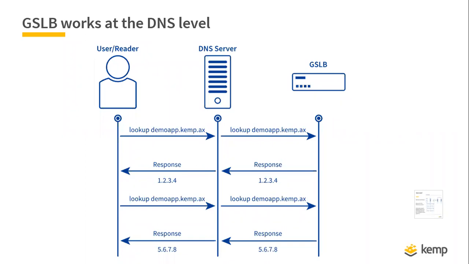Your DNS server over there needs to point back the A record for the FQDN, which we will set into the GSLB here. When the user tries to look up the FQDN, the GSLB will reply back through the public DNS to the user which IP they are able to access.